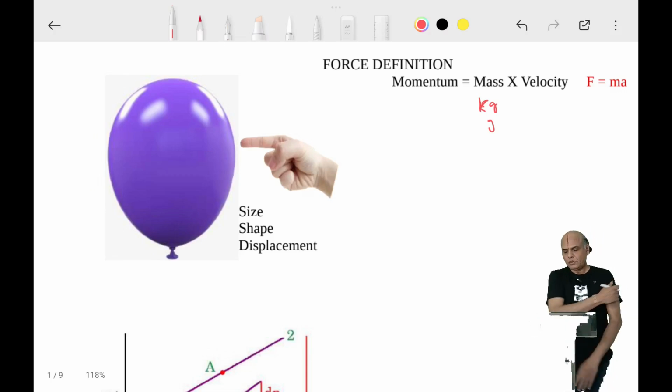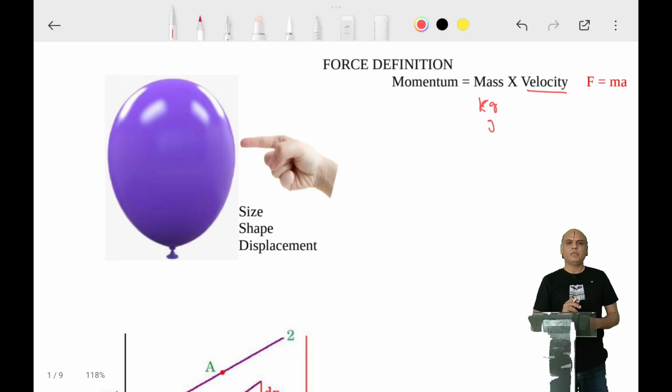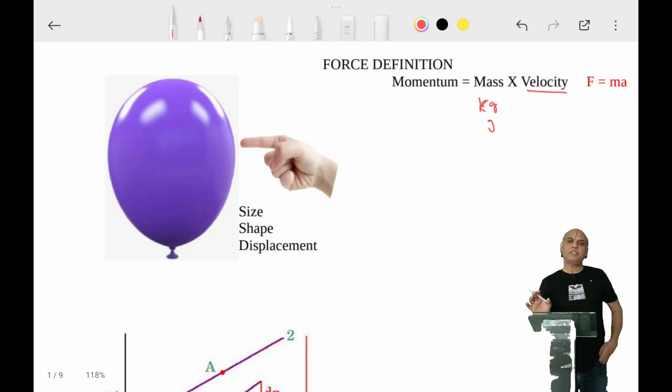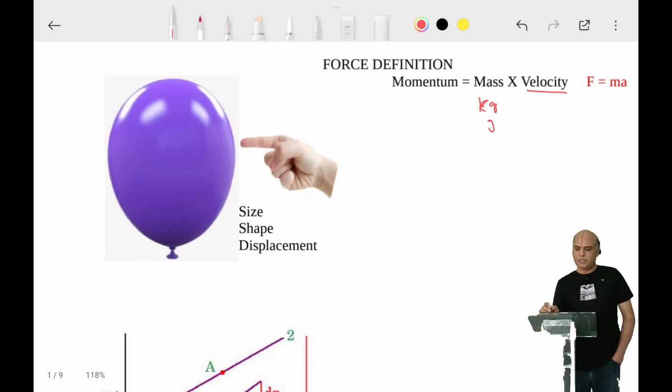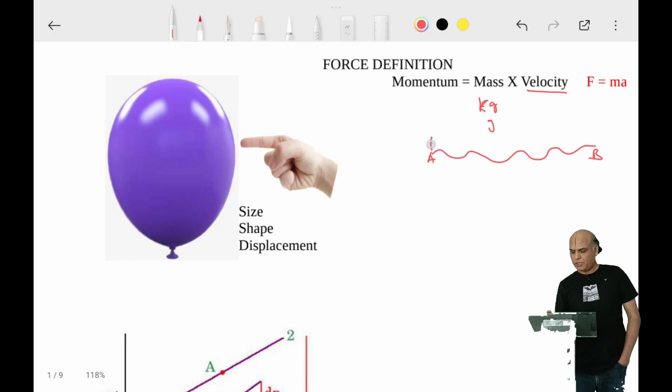Okay. So now, what is velocity? Velocity is defined as rate of change of displacement. So, if a body is moving from point A to point B, it might follow any path, but the shortest distance between point A and point B is called displacement.